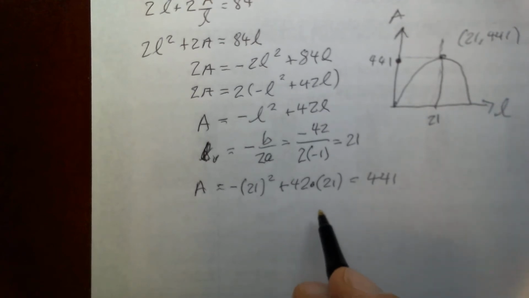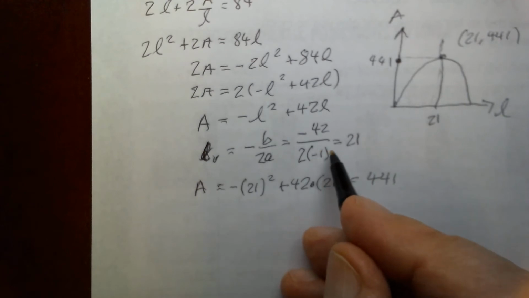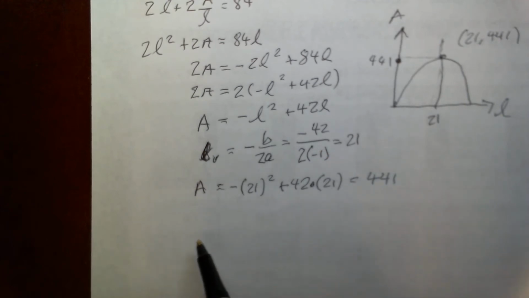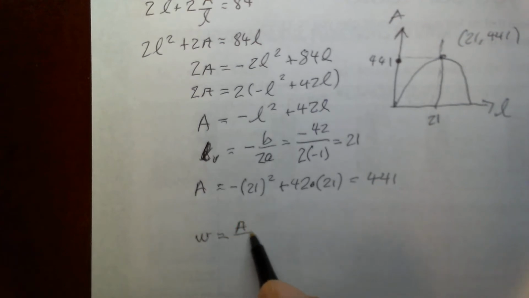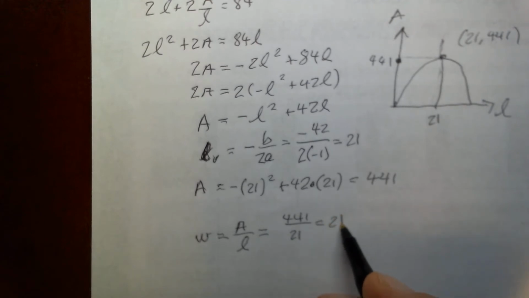And so when L is equal to 21 inches, then W is equal to A divided by L, or 441 divided by 21, and it's equal to 21.